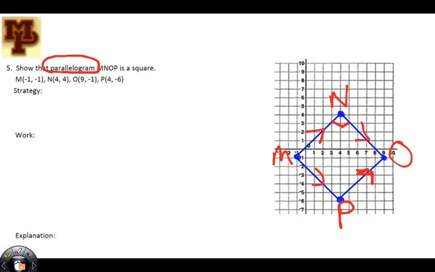I'm going to say show opposite sides have opposite reciprocal slopes. No, not opposite sides, sorry. Adjacent sides. Right, the ones right next to each other. So show adjacent sides have opposite reciprocal slopes.